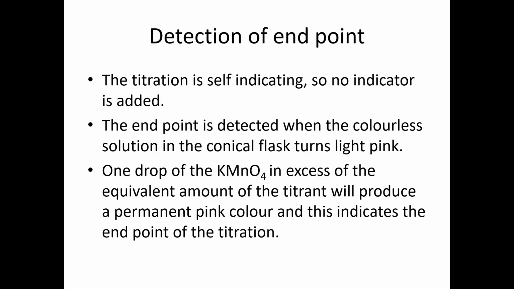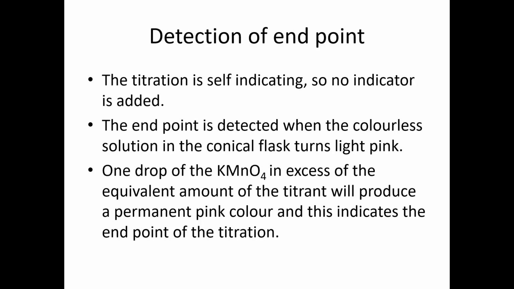In this experiment, when KMnO4 is used for redox titration, the KMnO4 itself is self-indicating. What we mean by this is that you don't need to add any indicator to the content in your conical flask.